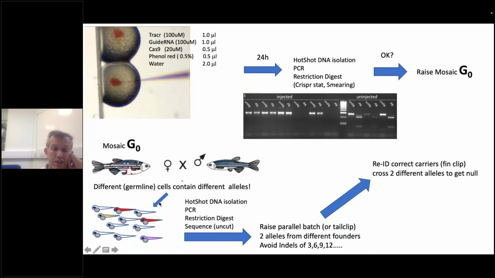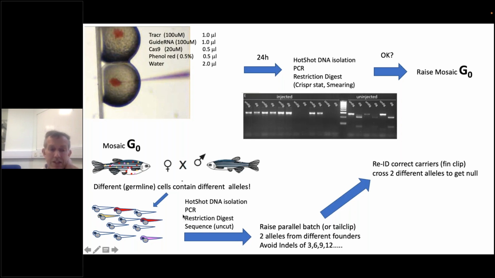So again, after 24 hours, we do a hotshot DNA isolation, we do PCR, we check whether the mutation is there, and then we actually start sequencing the embryos that seem to have a mutation. This means that these embryos are going to be heterozygous for an induced mutation, and they also still have a wild type allele because they have been crossed to wild type fish.